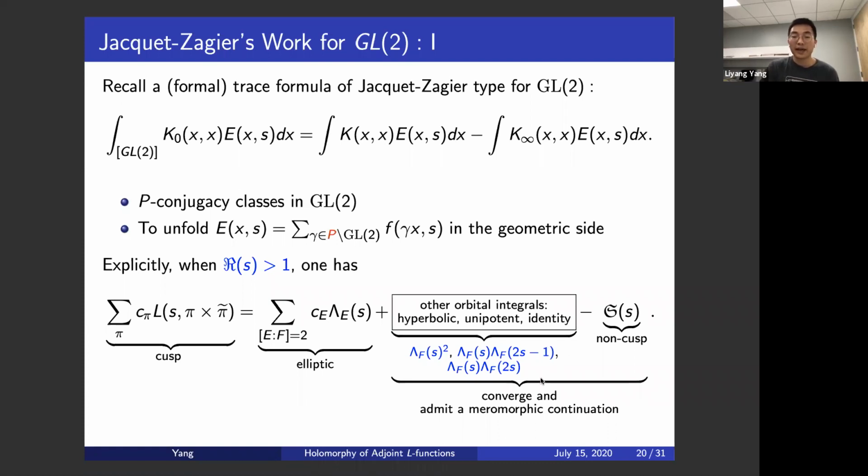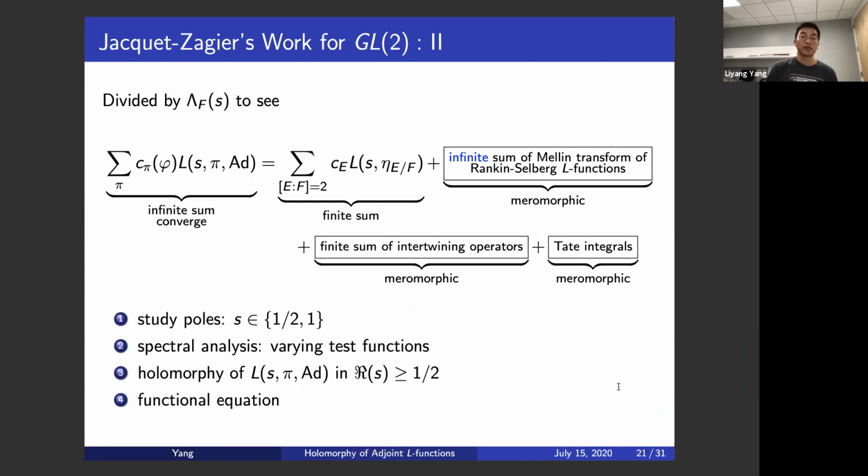And they verify that all these terms converge absolutely and normally in some region, and admit a meromorphic continuation to the right half plane. Then you can divide both sides by the Dedekind zeta function of F, and eventually you have this expression. On the left-hand side, it's an infinite sum, and this sum converges perfectly.